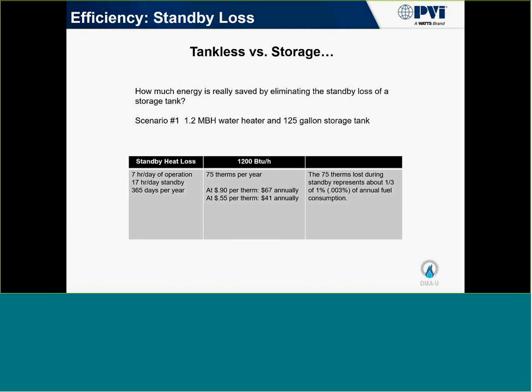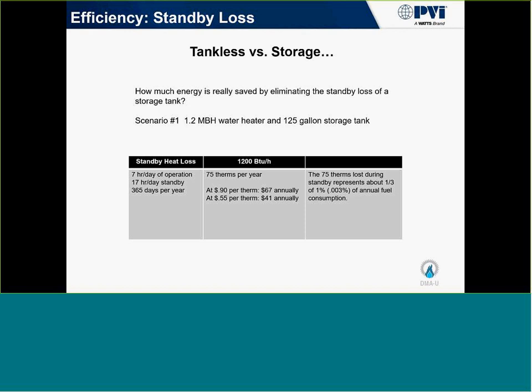So in a standard type example, here we have a 1.2 million BTU system with a 125-gallon storage tank. At 7 hours a day of operation, we have 17 hours of standby, and for an entire year, if you pay 75 cents per therm, or 90 cents per therm at 75 therms per year, basically you're losing $67.